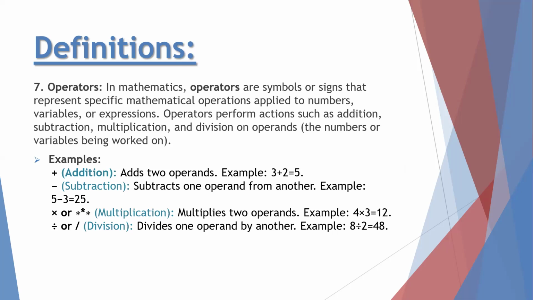Multiplication multiplies two operands, for example 4 threes are 12. Division divides one operand by another. If, for example, 8 is divided by 2, you get the answer 4. I'm sorry, there is a mistake here. Please correct it: 5 minus 3, you get answer 2, and 8 divided by 2, you get answer 4.